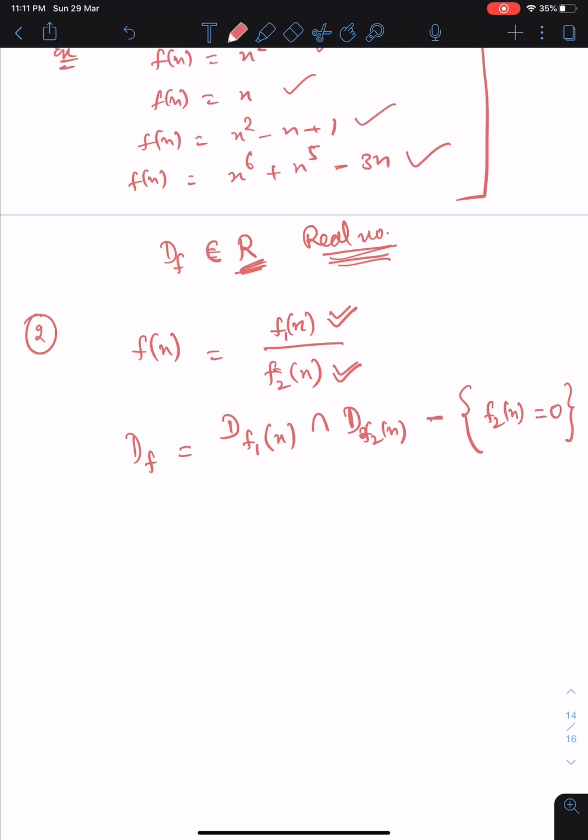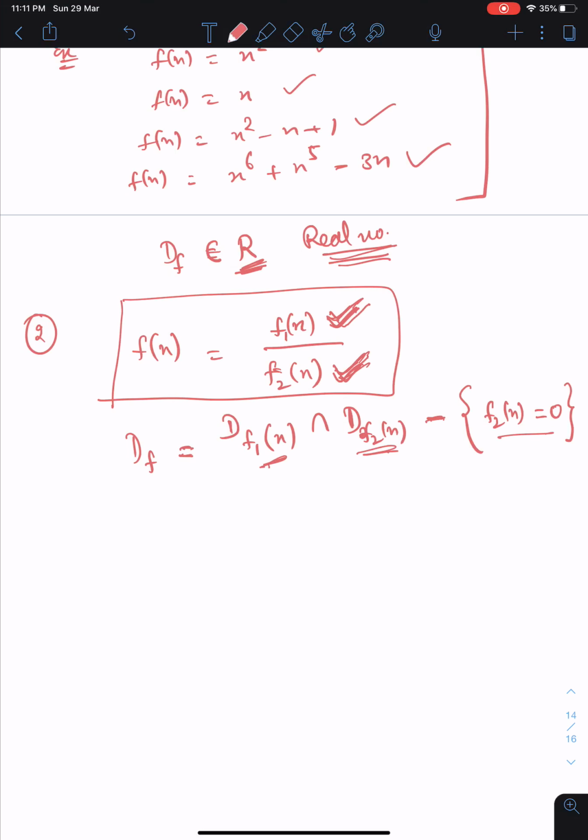This is a function f(x) where some expression is in the numerator and some in the denominator. To find its domain, you find the domain of f1(x), find the domain of f2(x), take the intersection of both, and subtract the values at which the denominator gives you 0.